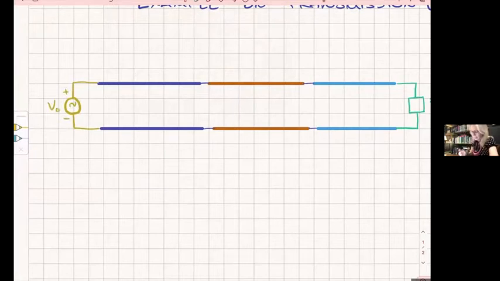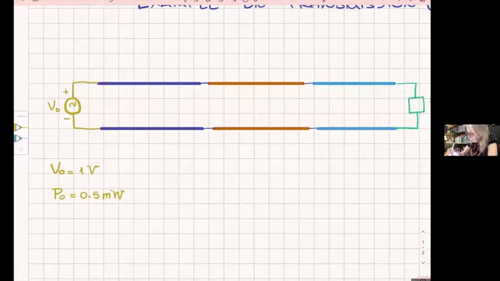V naught is 1 volt. And we know that P for the source, the real part that the source can provide, is 0.5 milliwatts. That's what the maker told us.